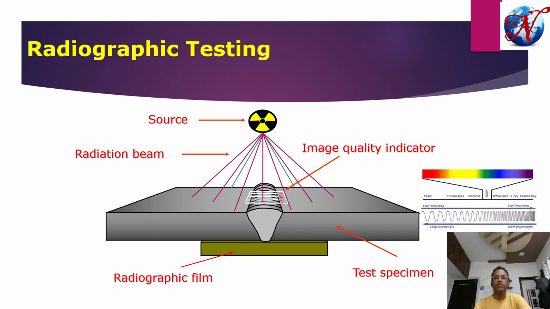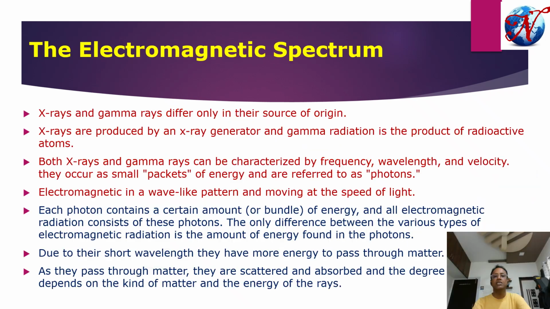Here, the photographic film is used to record the transmission of radiation, and the degree of radiation reaching the film will be different. That amount of radiation reaching the film is proportional to the degree of blackening of the film.